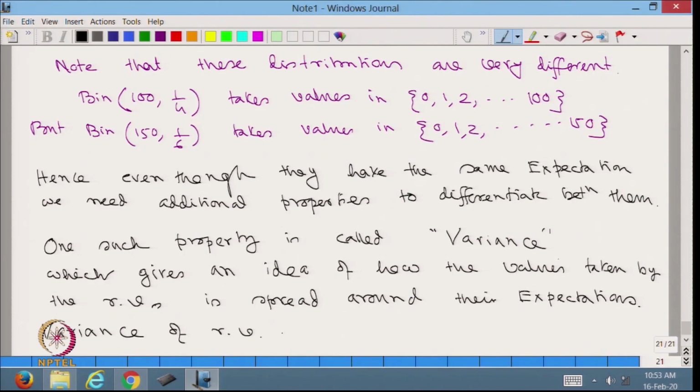Variance of a random variable is defined as follows.